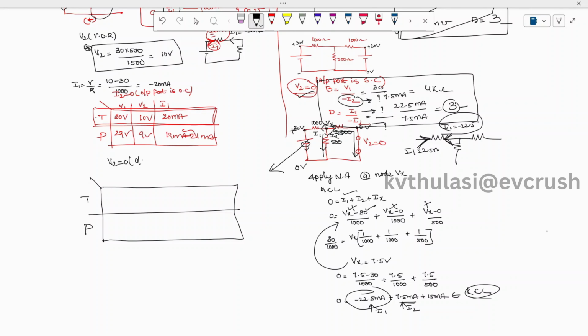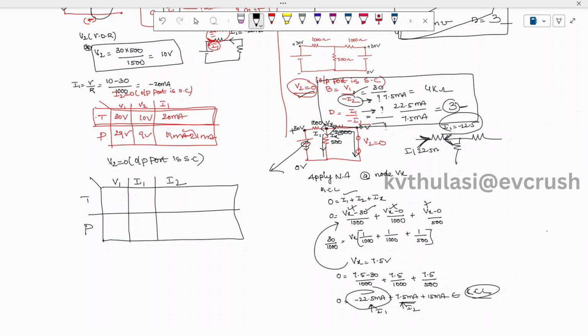V2 is 0 means output port is short circuited. Okay, when V2 is 0, then you are going to get the value of V1. Okay, we are going to get the value of V1, and next two parameters are I1 and I2.